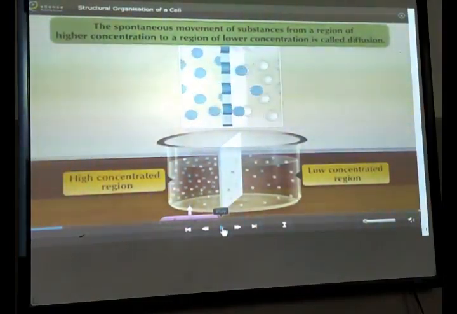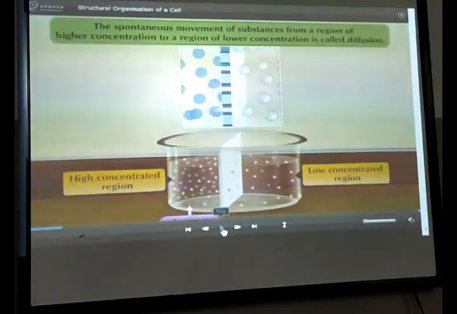So you all know, the spontaneous, continuous movement of substance from a region of higher concentration to a region of lower concentration, whatever is happening there through the cell with the help of the cell membrane, this is called diffusion.